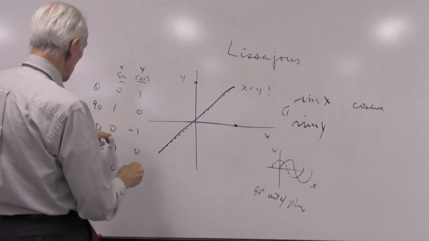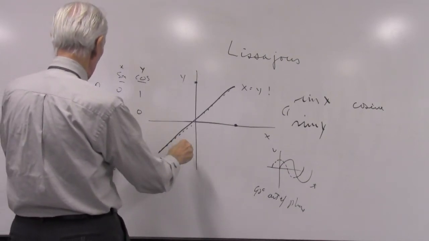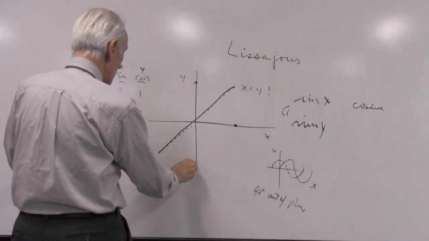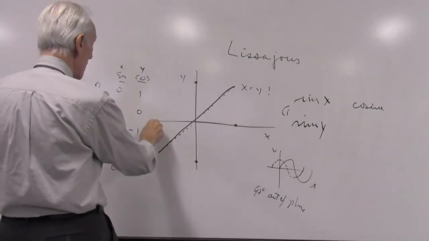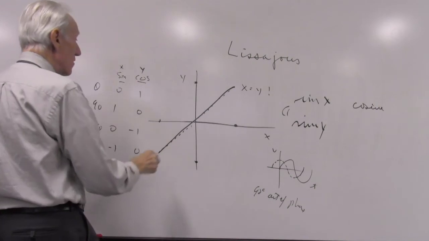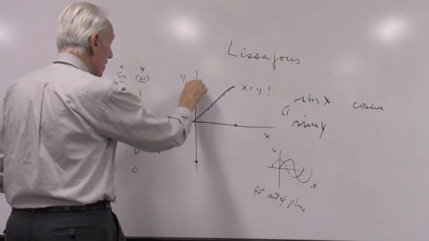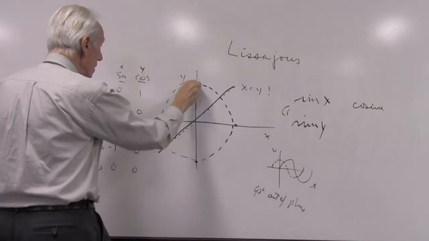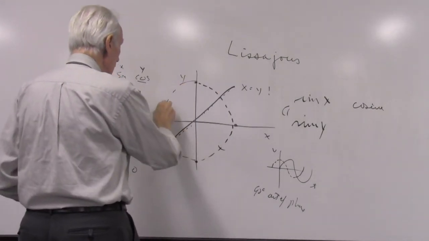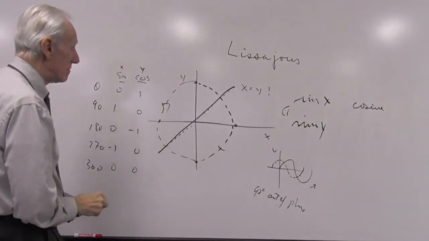And if x is 0 and y is minus 1, the dot's going to be over here. And so forth, that's going to be here. So this dot's going to go from here to here to here to here and back, and it's going to go in the form of a circle.